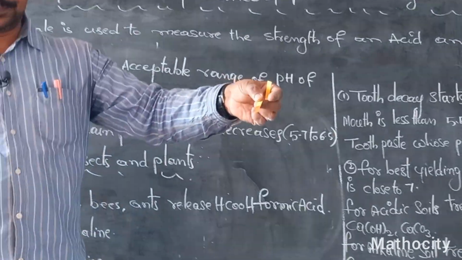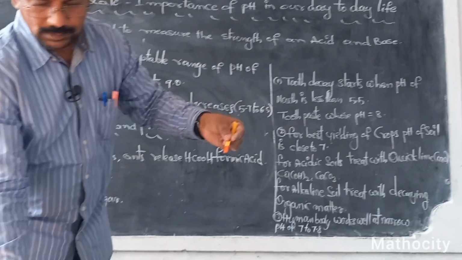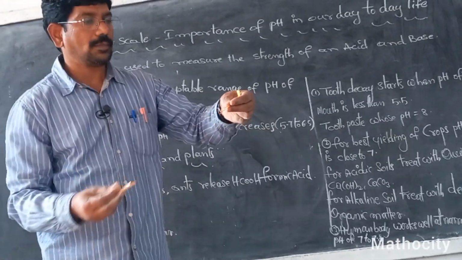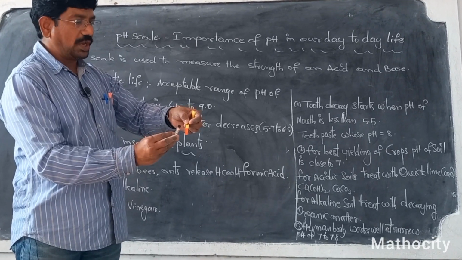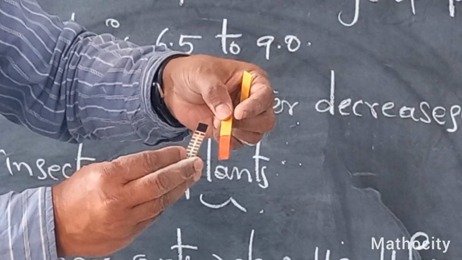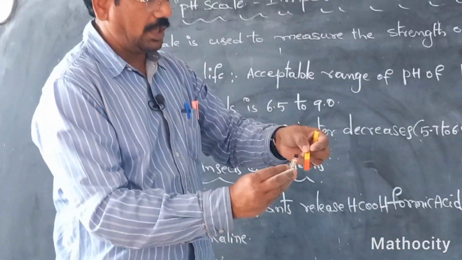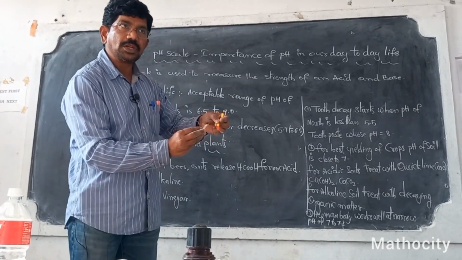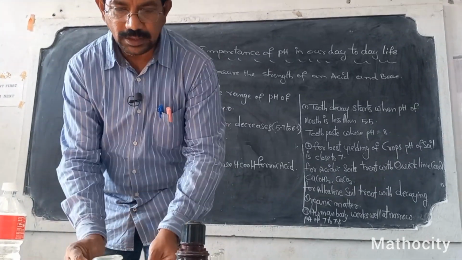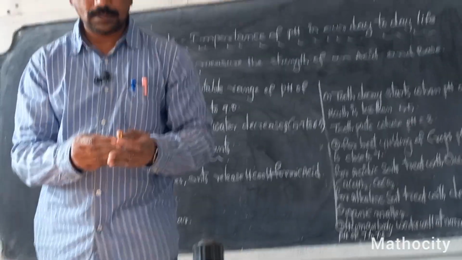Observe the color. To which color is it nearer? Orange. Its approximate pH is 3. Approximate pH, not accurate pH. Approximate pH is 3.